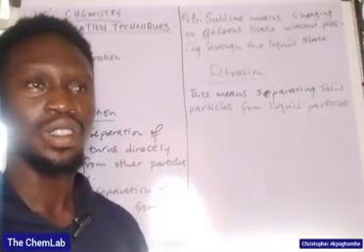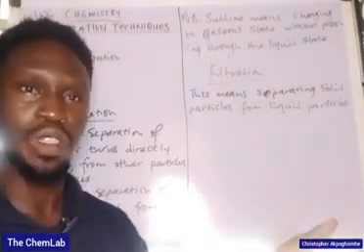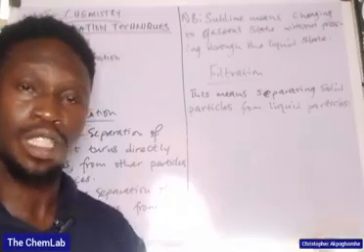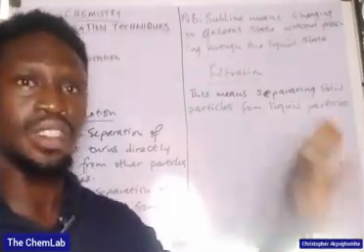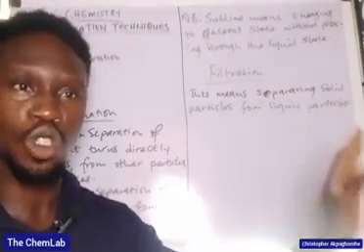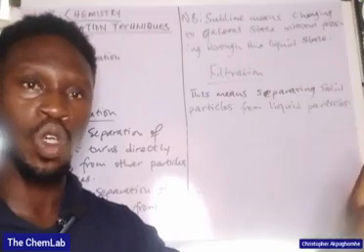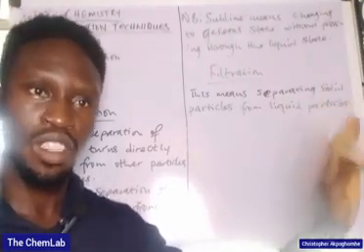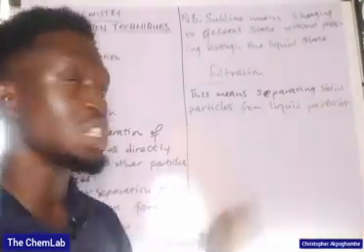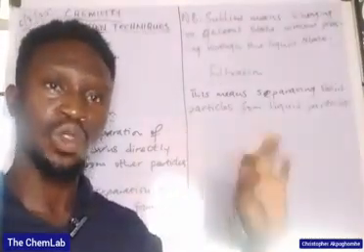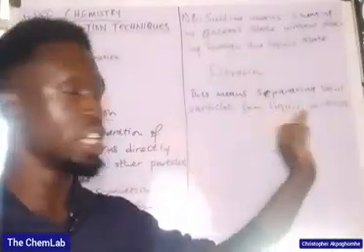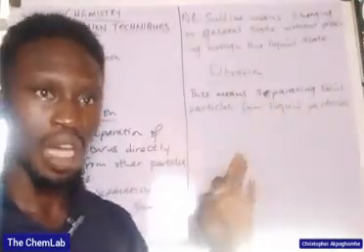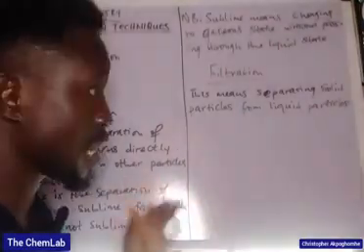Both are solid particles, but they are of different sizes. So sieving is the best separation technique to use where you are dealing with solid particles that are of different sizes, while filtration is the best separation technique to use when you are separating solid particles from liquid particles. I believe we have successfully made that clear.